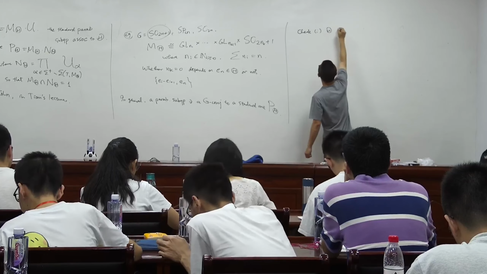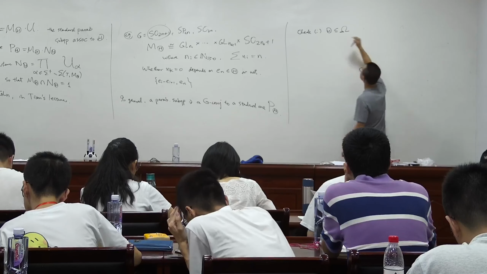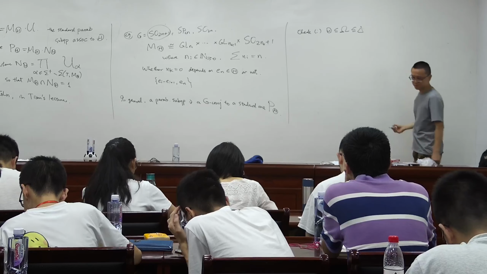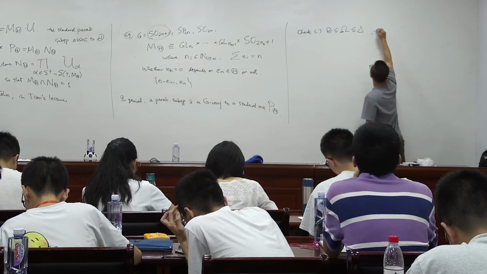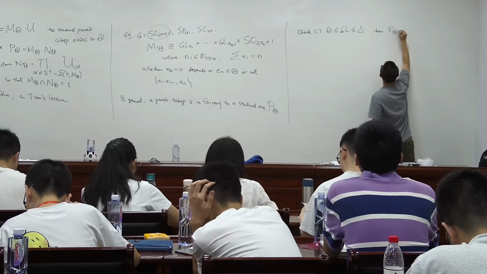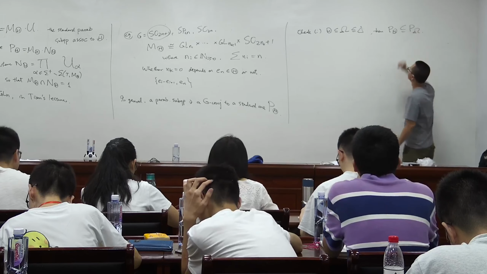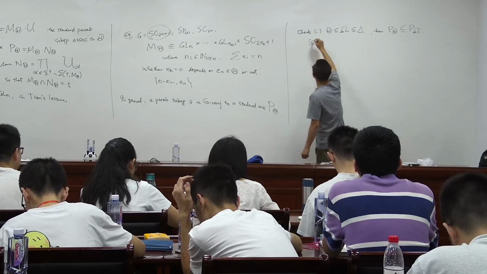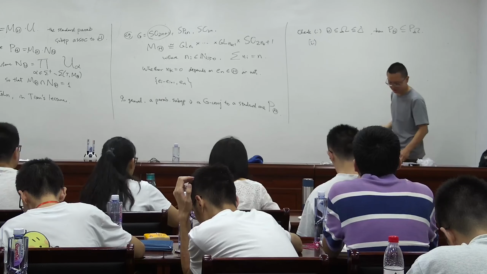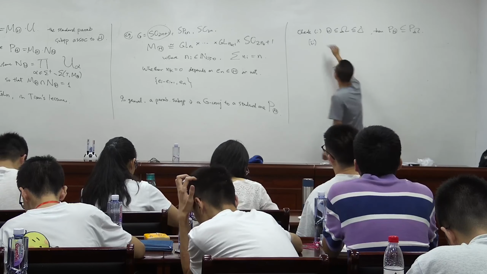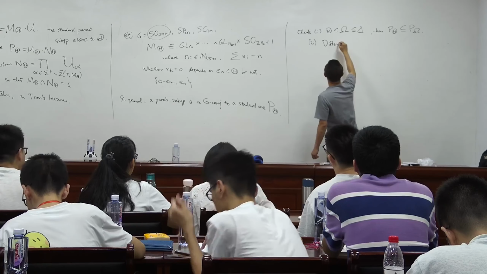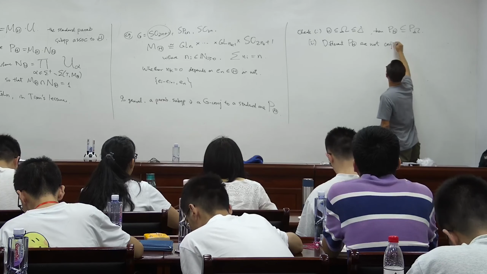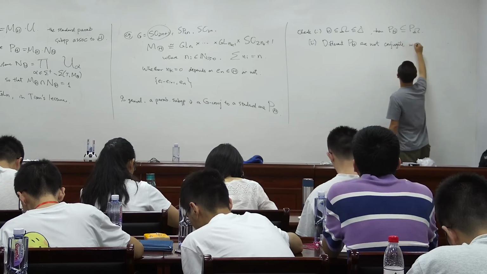If theta is a subset of another subset omega, both inside the simple root system, then P theta is a subgroup of P omega. Easy to check. And also this one is a bit different: different P theta are not conjugate with each other.